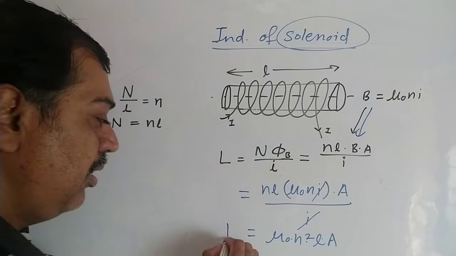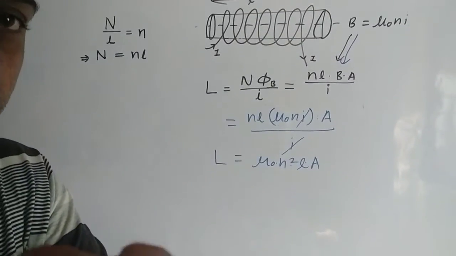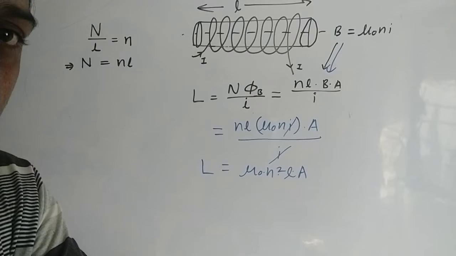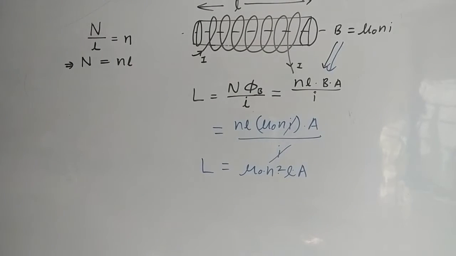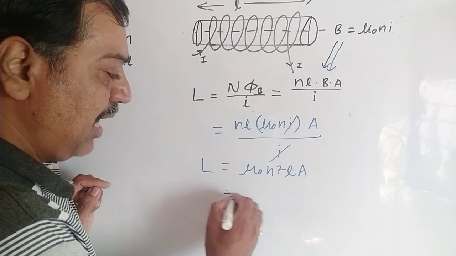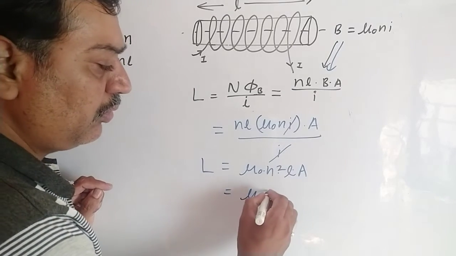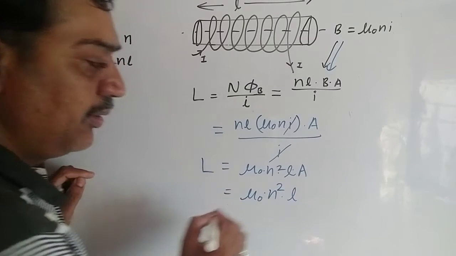That is nothing but the self-induction L that we have derived, L equal to mu 0 n square LA. After that, A is the area of the solenoid, we can put that value and write this as mu 0 into n square into L, the length.